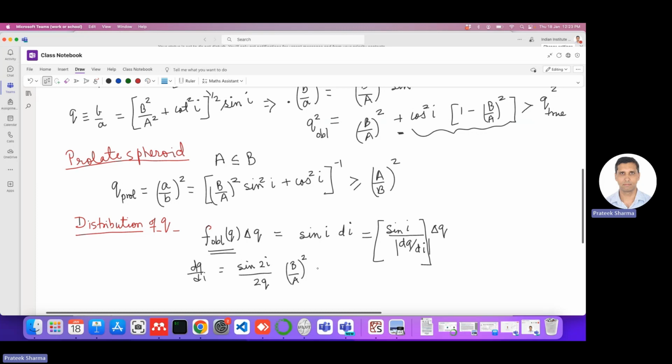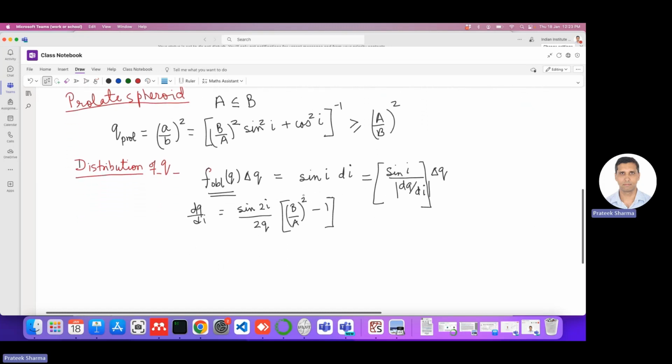If you do the algebra, this is what you'll get. But when you're writing this as FQ, you want to plug I in terms of Q, right? This is not FQ. This is the correct value of FQ, but you want to write that I in terms of Q. That's when you have FQ. So that can also be done.